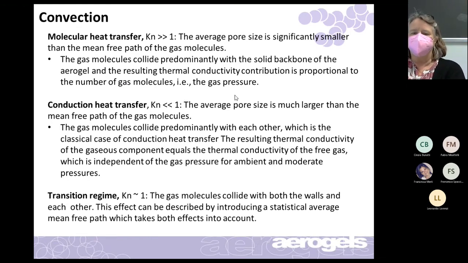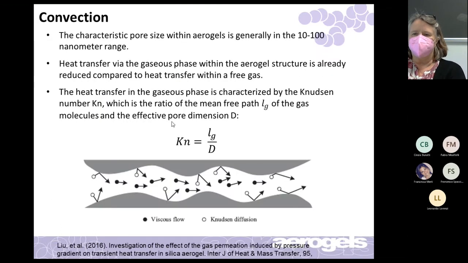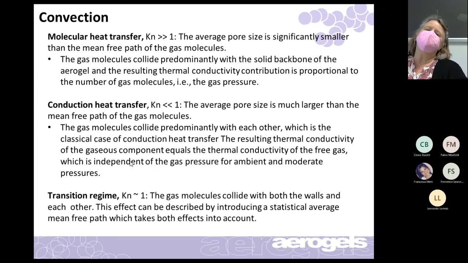If instead the average pore size is much larger than the mean free path of the gas molecules, the Knudsen number is small, and we have this kind of energy transport where the molecules predominantly collide with each other, which is the classic case of conduction heat transfer.